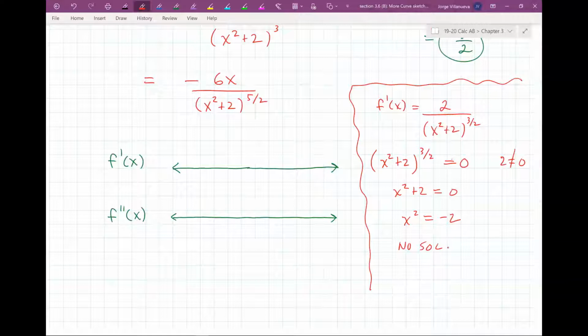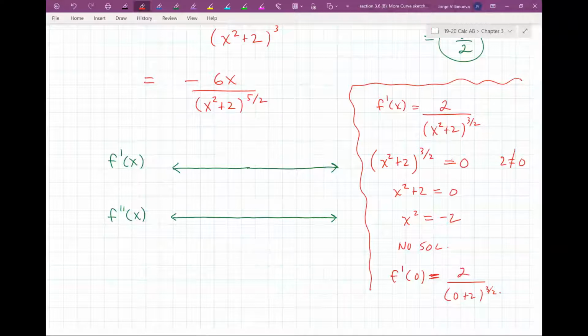So that means I don't get to put anything on that number line, but I still have to test it. So just pick any number to test it. Now, if I were you, I'd pick a 0. So what's f prime of 0? Is it positive or negative? Let's see, 0 plus 2. So the top is positive, right? 2 is going to be positive.